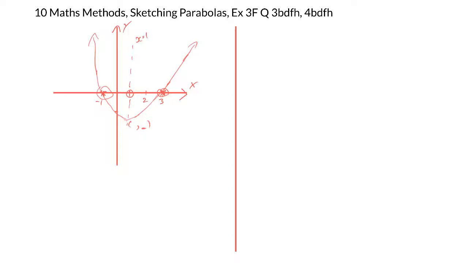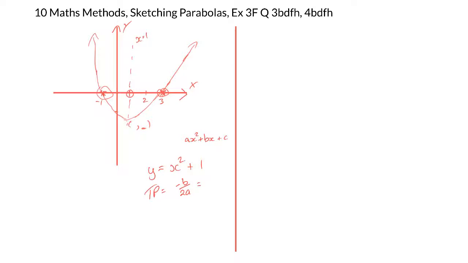Now there is a variation to this. Sometimes if you had y equals x squared plus 1, it's not as easy to factorize. In fact, it's going to be a problem in factorizing. We can use the fact that the turning point equals negative b over 2a, and that's another way of calculating the turning point. In this case, that's ax squared plus bx plus c.